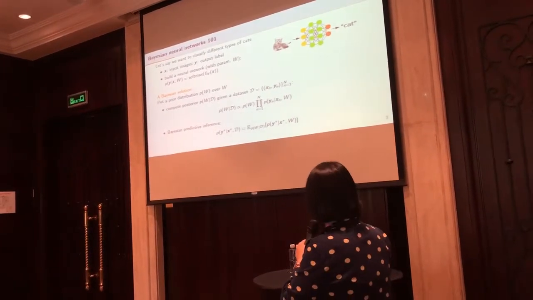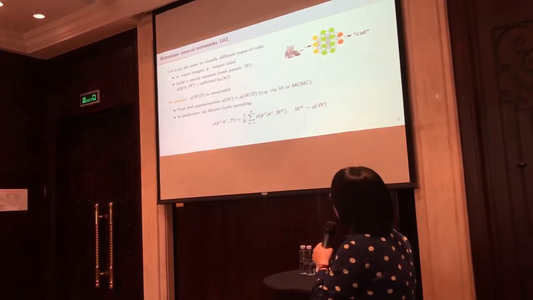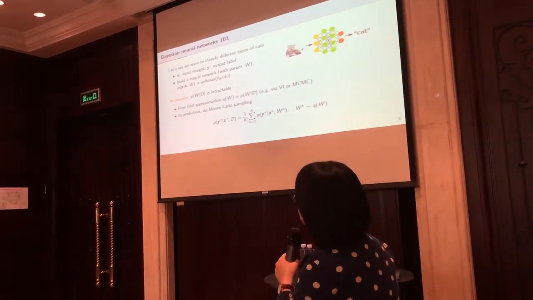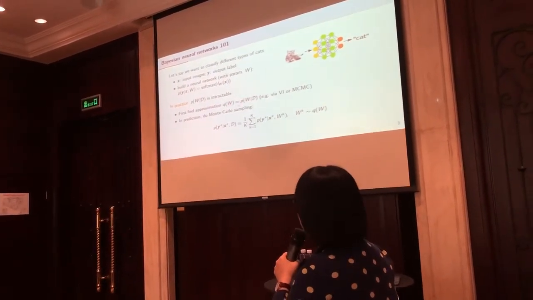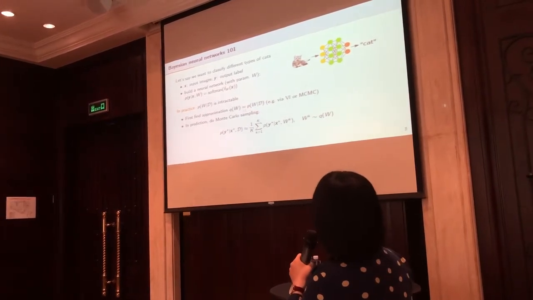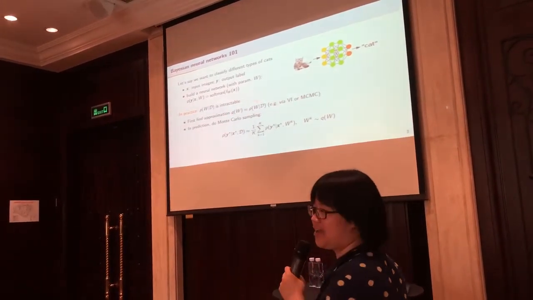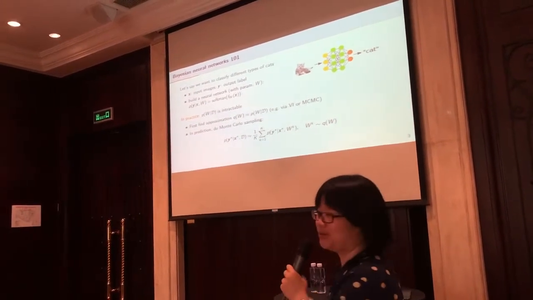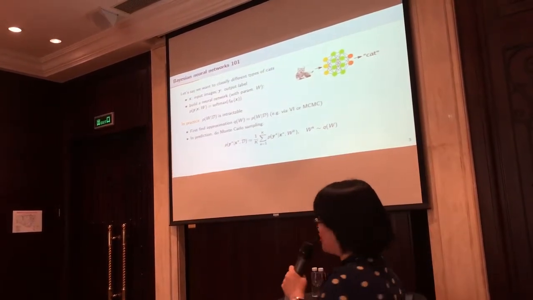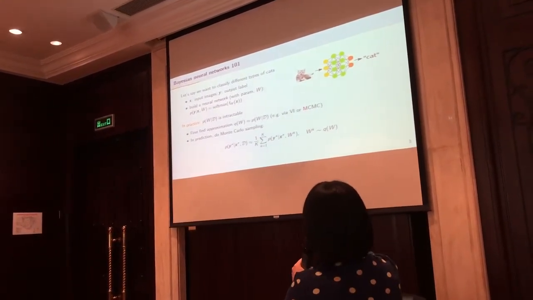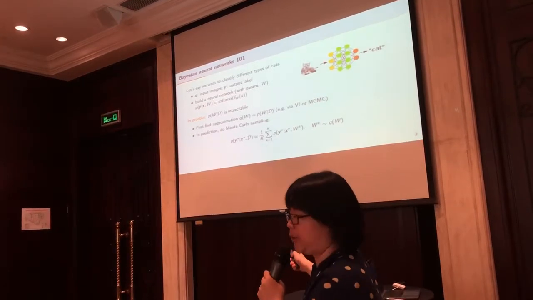So in practice, what people do is first find some approximation to the exact posterior distribution, either via variational inference, or Monte Carlo dropout, or some MCMC method, Markov chain Monte Carlo.